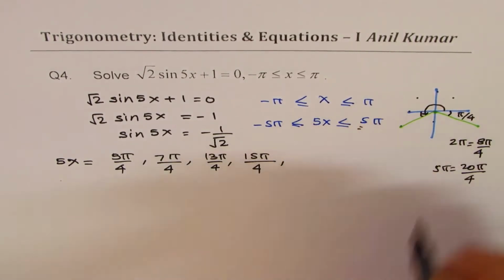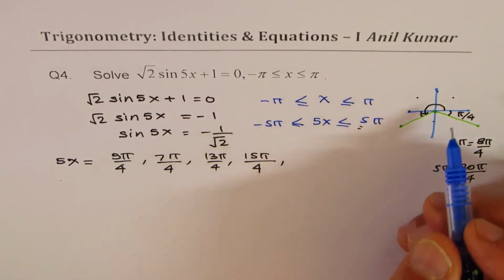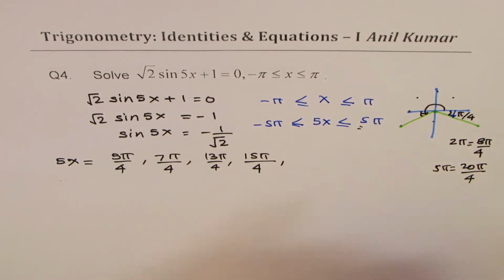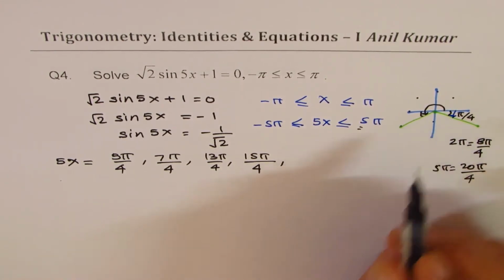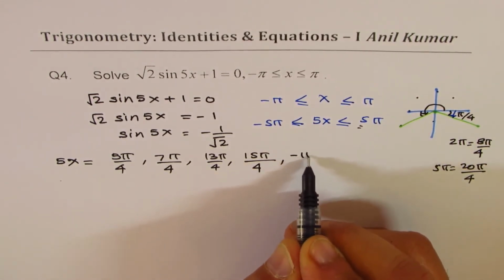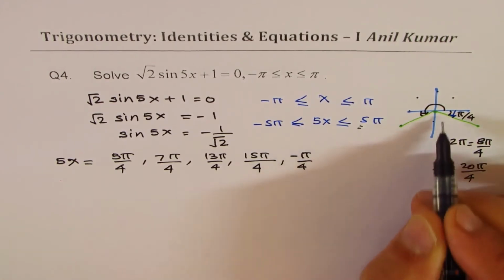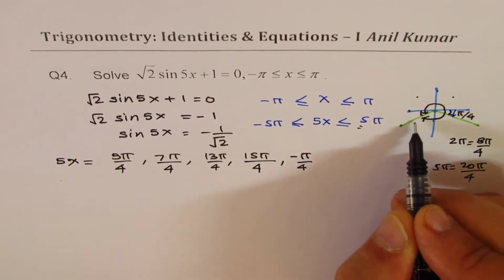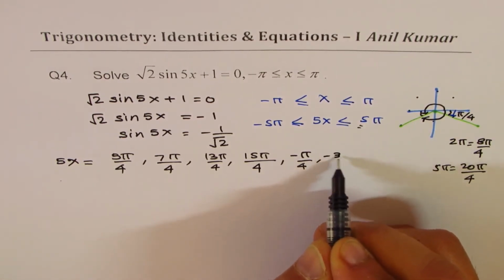On the other hand, you could go negative also. So you could go negative like this. You get negative pi by 4 as your first position, right? Negative pi by 4. And then if you go like this, what is the angle? Negative 2, 3. So negative 3 pi by 4.